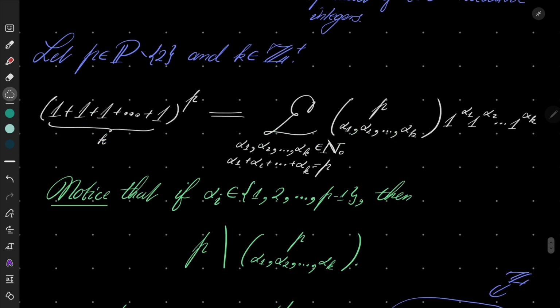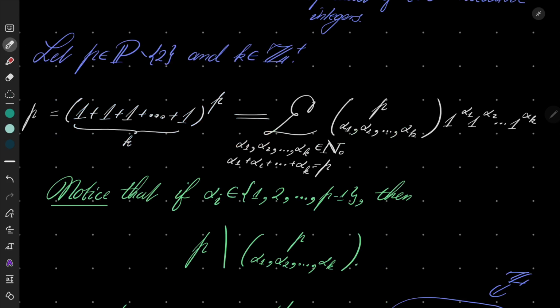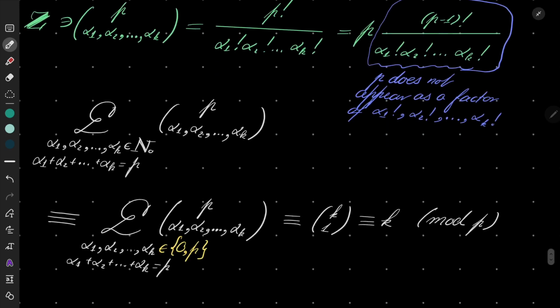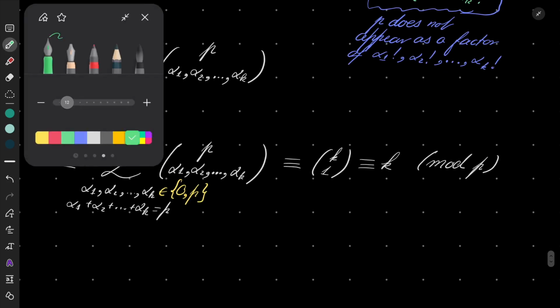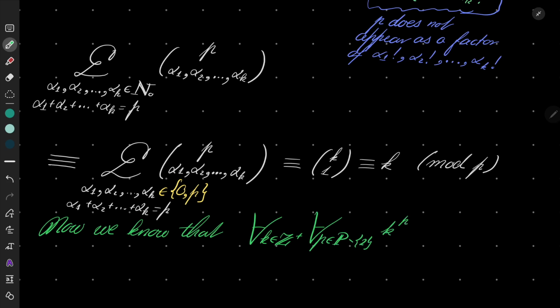And also I should have written it, but this very sum which we are considering, it's just k to the power of p. So now we know that k to the power of p is congruent to k modulo p. So now we know that for every positive integer k, and for every prime number p which is not 2, k to the power of p is congruent to k modulo p.